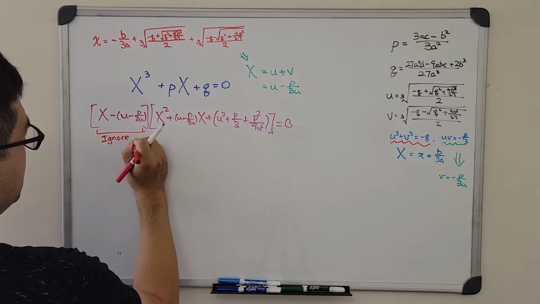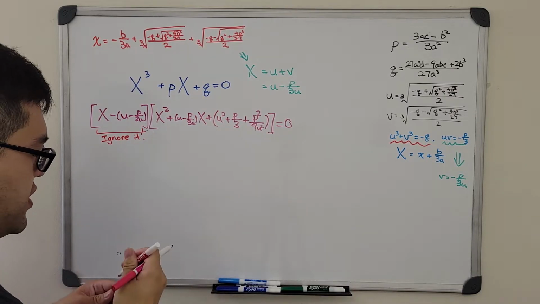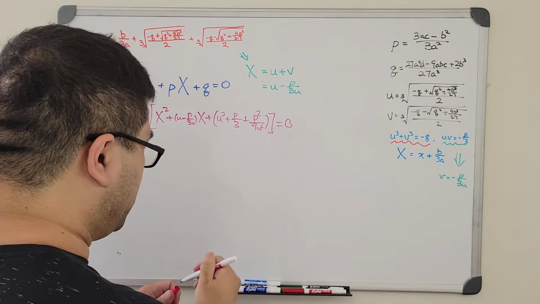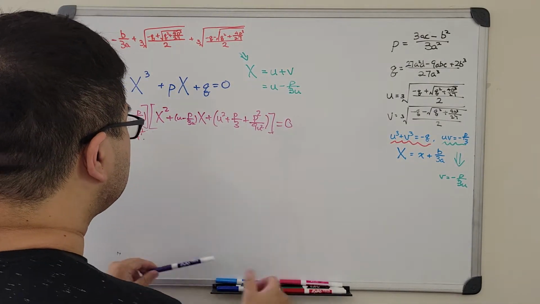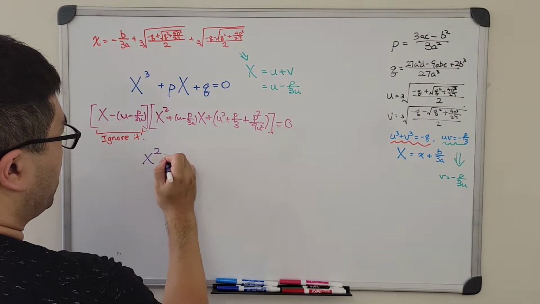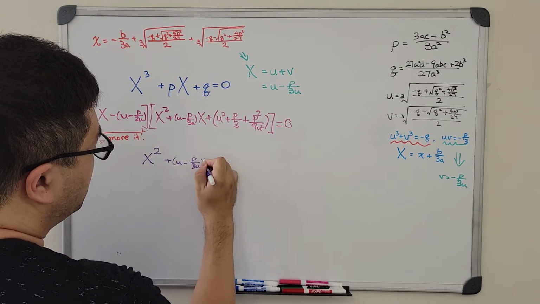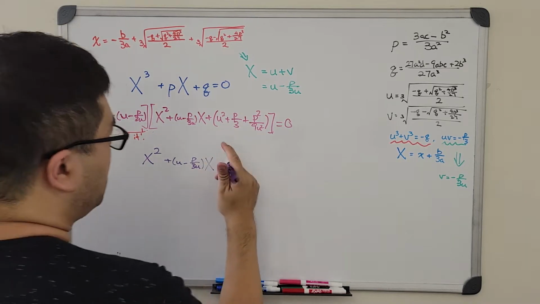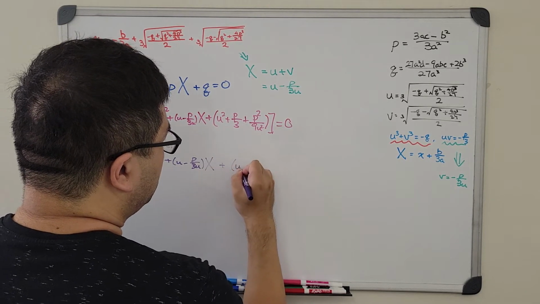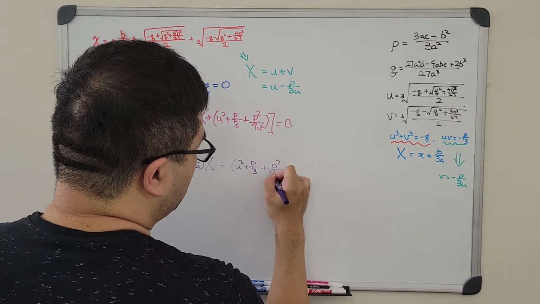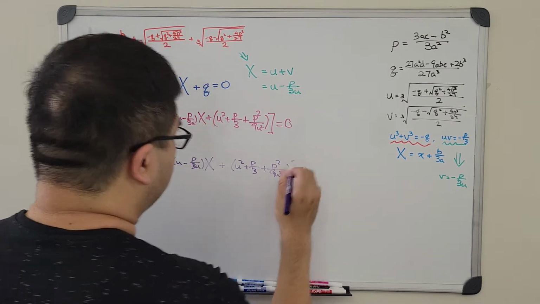Ignore it. And focus on the second factor, which sets x squared plus u minus p over 3u x plus u squared plus p over 3 plus p squared over 9u squared equals 0.